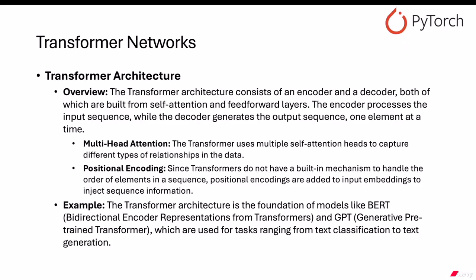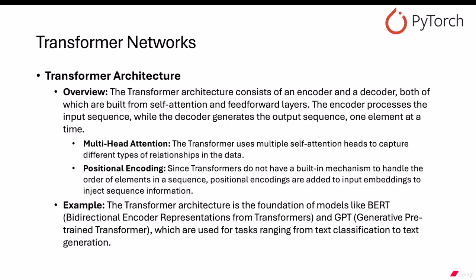The encoder processes the input sequence while the decoder generates the output sequence, one element at a time. Multi-head attention: the transformer uses multiple self-attention heads to capture different types of relationships in the data.